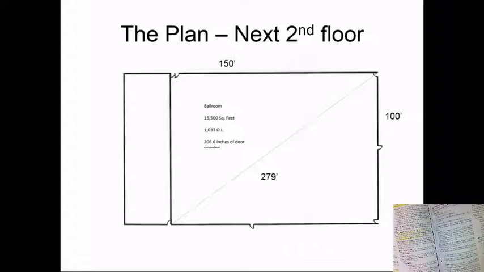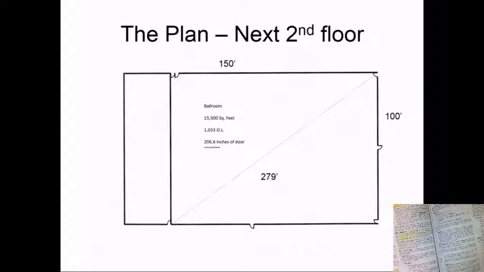In addition to that, when I say 4 remote exits, that means if this is a rectangular room, you're taking your furthest length and dividing it by 2.